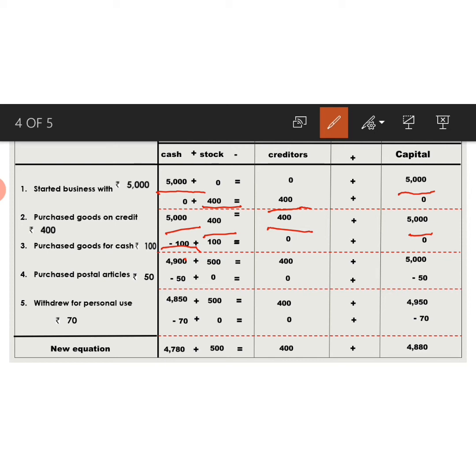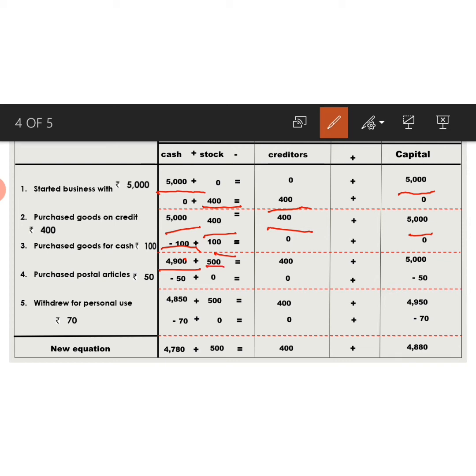Again, this amount has appeared twice: less cash 100, add stock rupees 100. And again you're doing the same thing, adding it up. That is plus 5,000 minus 100 is equal to 4,900, and 400 plus 100 is equal to 500.